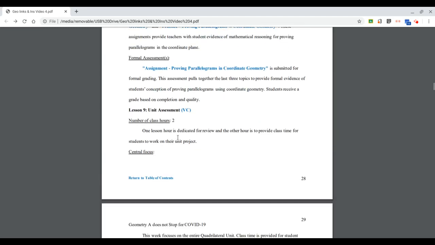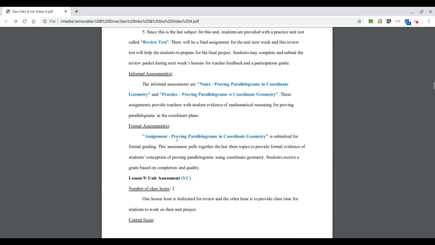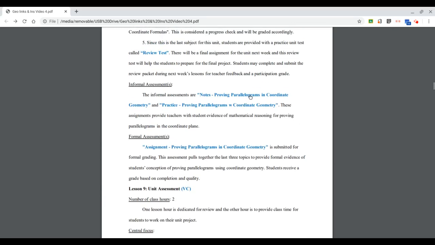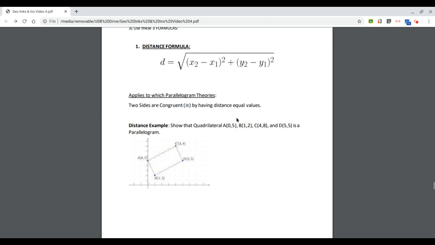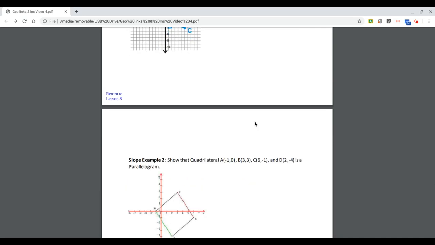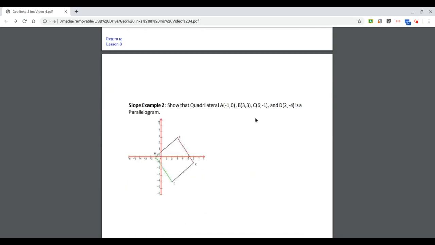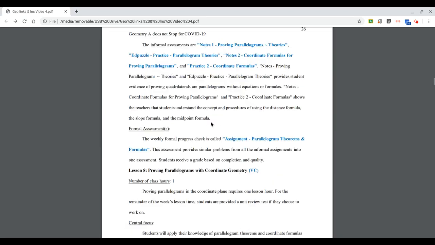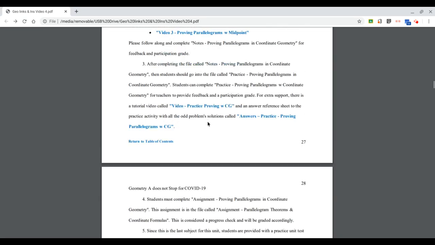All right, so let's just take a quick peek at the notes for the coordinate geometry. This is what they look like. They show the formulas and then they give example problems. That's slope, midpoint, and distance. And let's look at the practice.